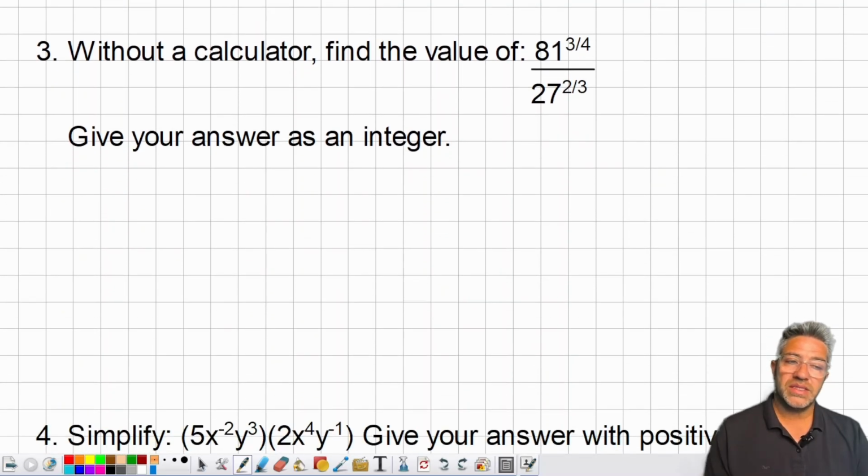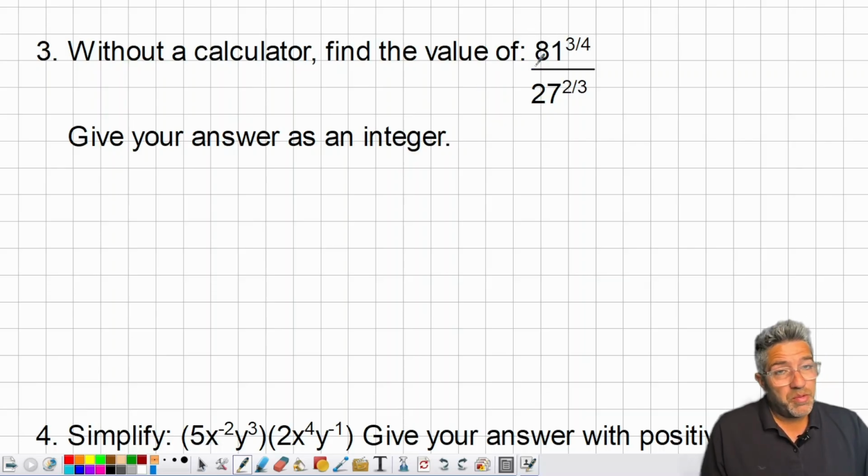Without a calculator, find the value of 81 to the power 3/4 divided by 27 to the power 2/3. Now, at the very start of this video, I mentioned, are we able to recognize common bases? Some people will actually evaluate this. They may know that the fourth root of 81 is 3. 3 cubed is 27.